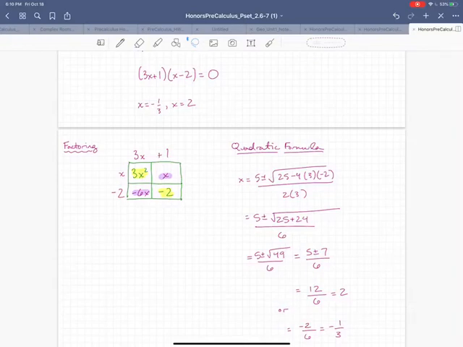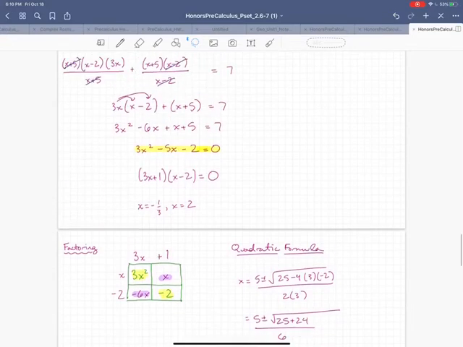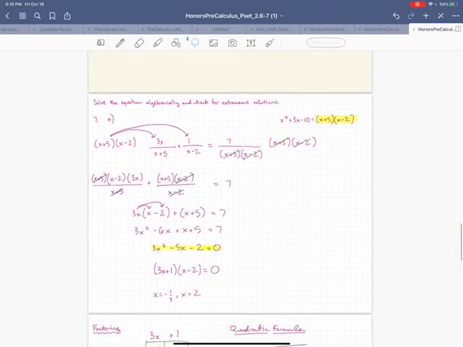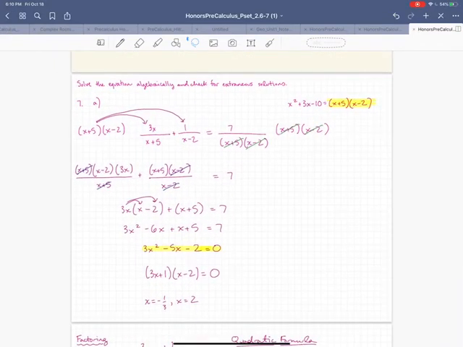So here are two different ways to find the possible solutions of this rational equation. But now, let's look at x equals 2. We see that the left-hand side and the right-hand side have an x minus 2 in the denominator, which means that both sides of the equation are undefined at 2.